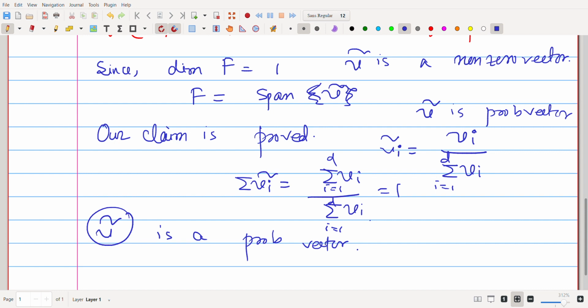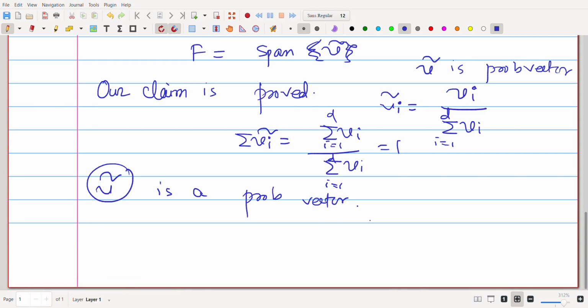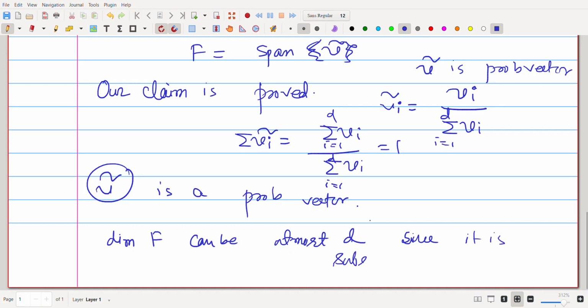Now what will be our obvious choice? Our obvious choice will be the induction hypothesis. So how can we use it? The dimension of F can be at most d, since it is a subspace of Rd.